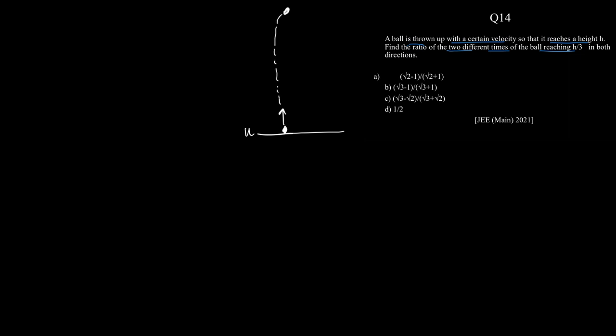It reaches the maximum height, then it comes back to the ground. Say the total height is h, and say this much height is h by 3. For reference, I'll take these points as A, B, and C.